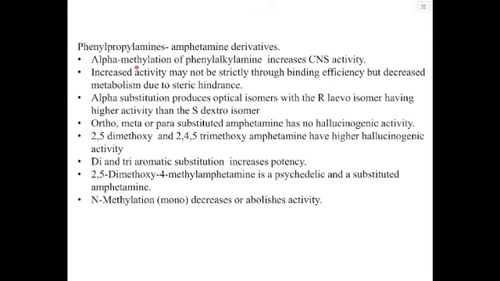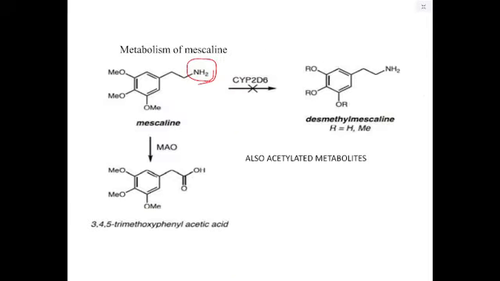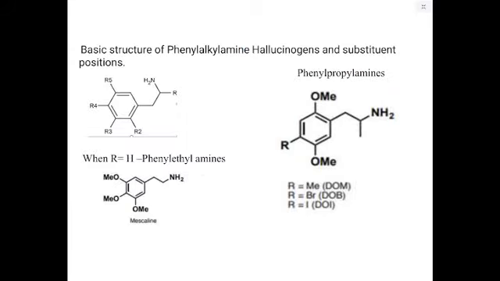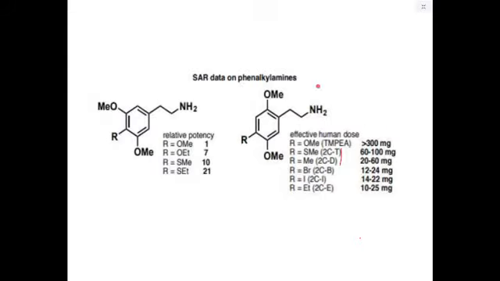We look at the phenylpropylamines, that is the amphetamine derivatives. So the phenylpropylamines, which are the amphetamine derivatives, this one now is the amphetamine derivative, or just this compound whereby you have added an alpha methyl group.